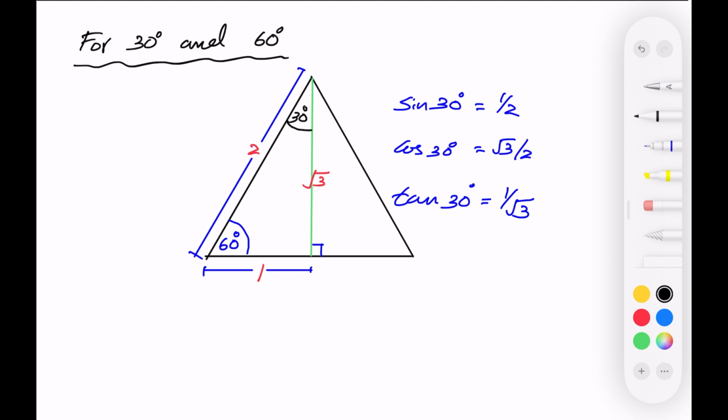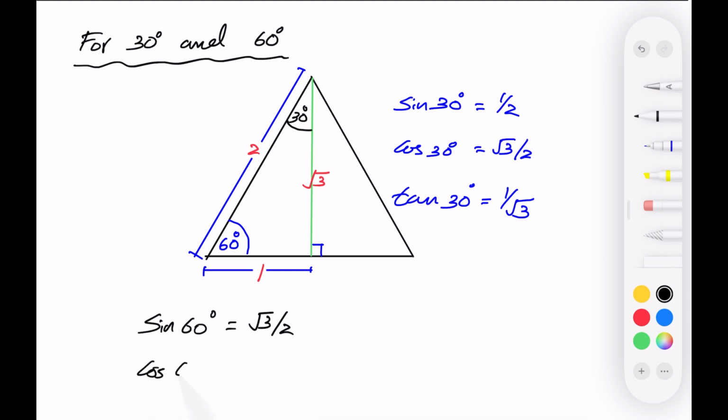Similarly, we can write down the trig ratios for the 60 degree angle right here. Note that for that 60 degree angle, opposite is this side, adjacent is 1, and the hypotenuse is 2. Therefore, sine 60 degrees should be equal to opposite over hypotenuse, which is square root 3 divided by 2.